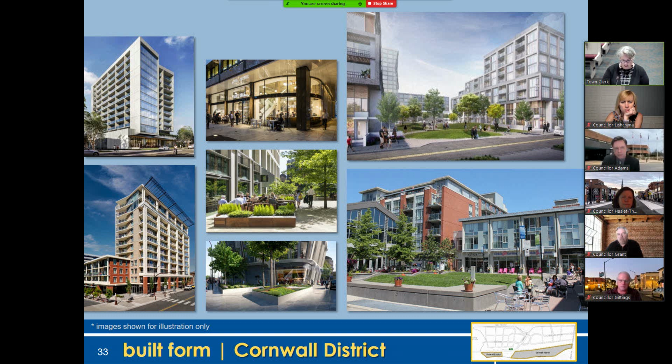There's the gateway into Midtown at Trafalgar with signature building, urban square, streetscape, and there's also the gateway at its eastern end with the existing commercial plaza, and at the western end with the residential Three Sisters there before the ravine. And so that's some examples of the built form that could be accommodated within the Cornwall District.